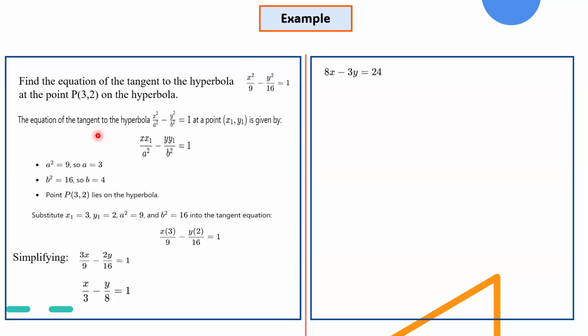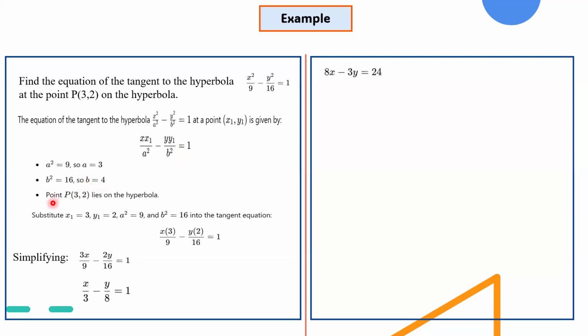We would use the equation x times x1 divided by a squared minus y times y1 divided by b squared equals 1. We know that a squared is 9, so a would be 3, and b squared is 16, so b would be the root of 16, which is 4.